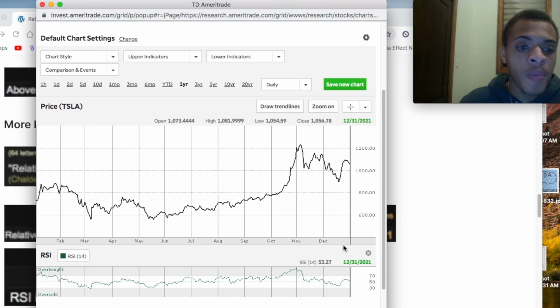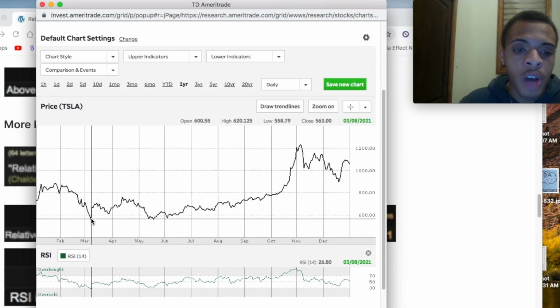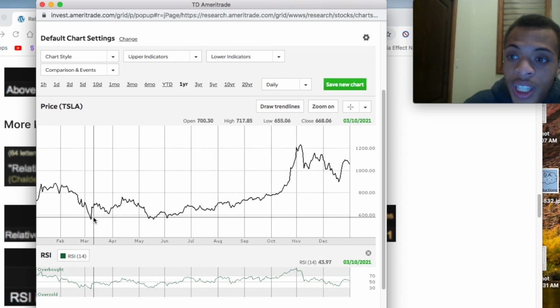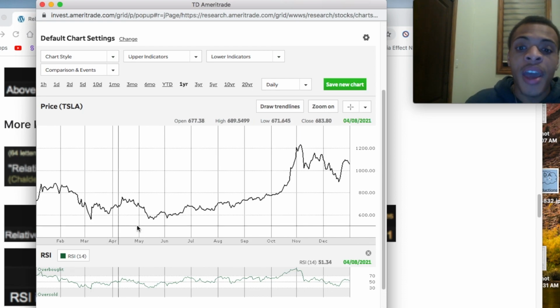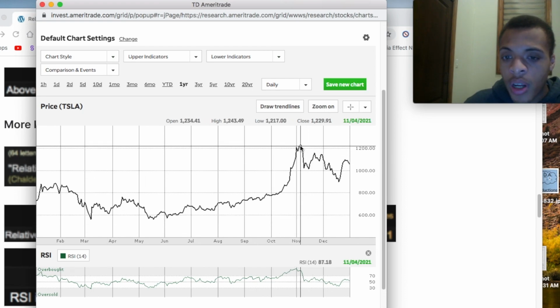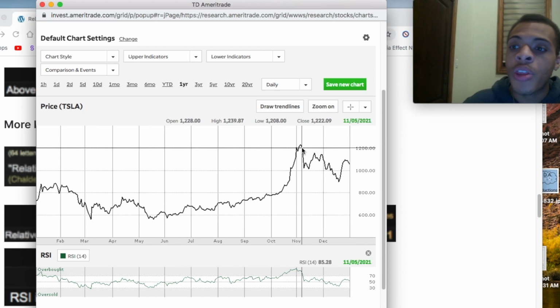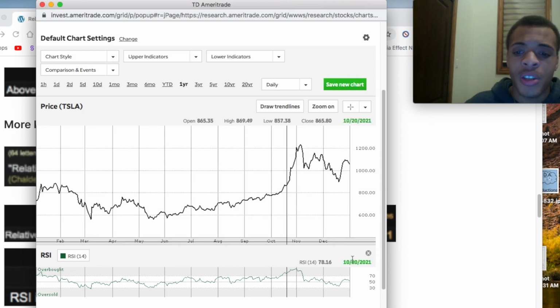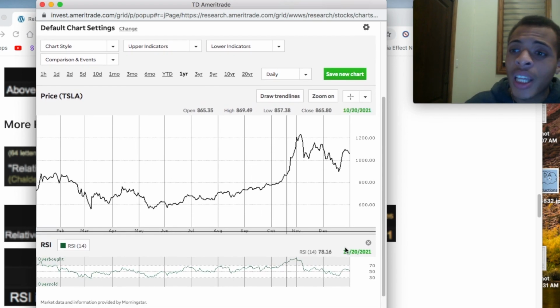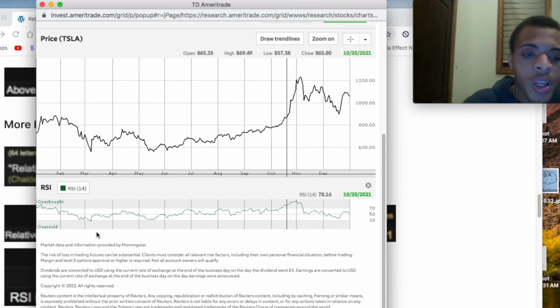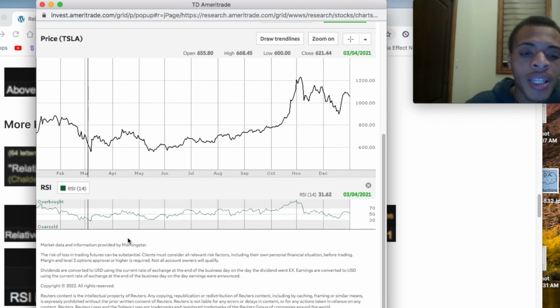As you see, in March of 2021, looking at the past year for Tesla, it reached a low below 600. All right, and then in November it tapped over 1,200 and some change. So it definitely had a double up, which is big for some Tesla investors. And when you're looking at the RSI, it's a really heavily played stock.